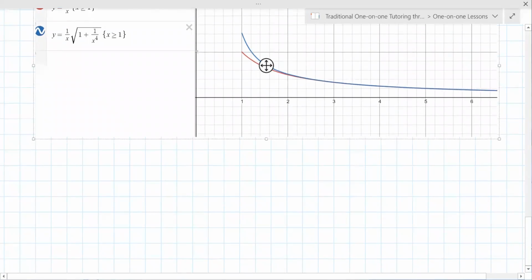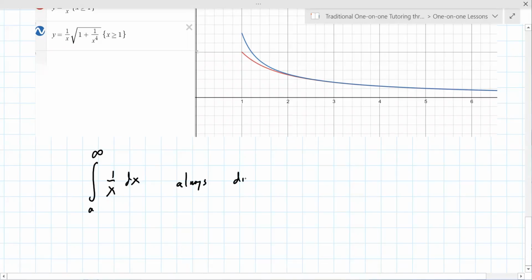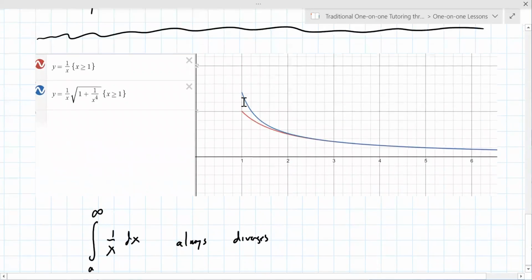You're getting into this part of the course where you talk about converging and diverging. The integral of 1 over x from a to infinity dx always diverges. Because it diverges, and it's the red one, and since the blue is above the red, the blue also diverges.